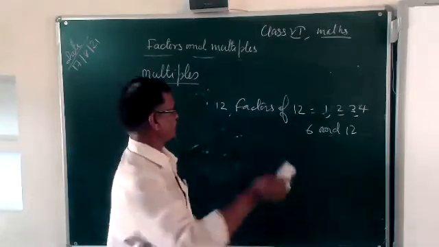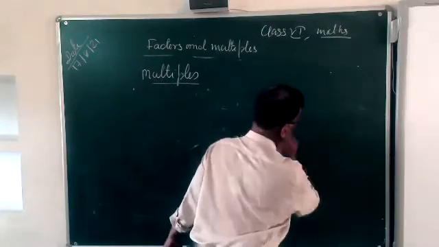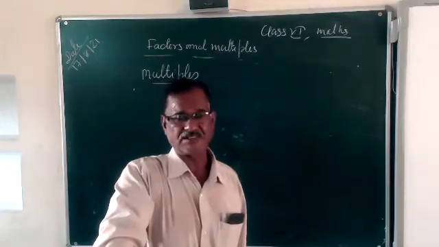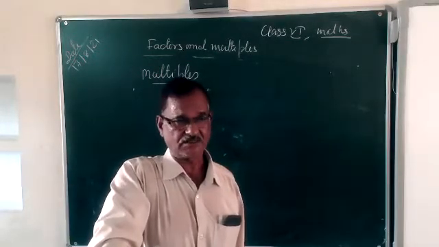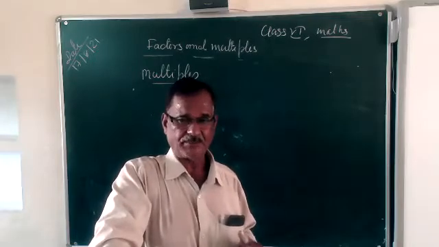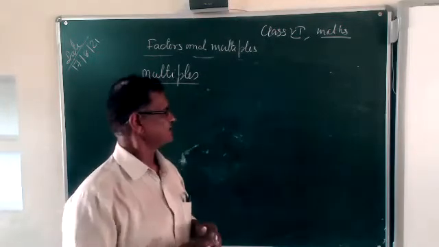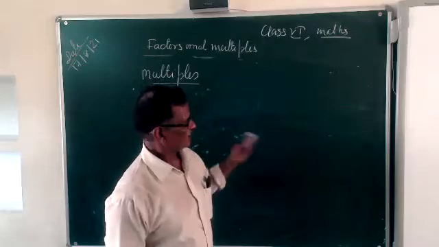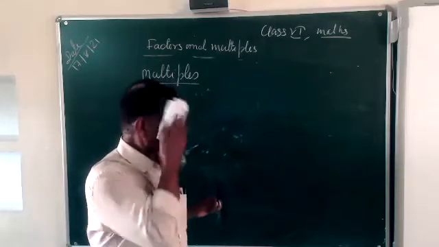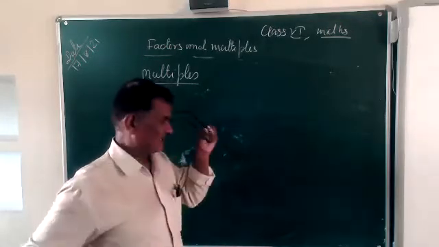And now multiples. See, the number itself is also a multiple of the number, and a multiple of any number is always greater than or equal to the number itself.